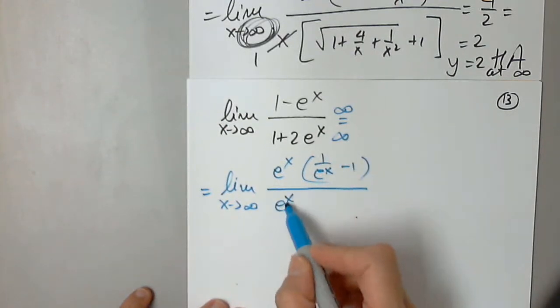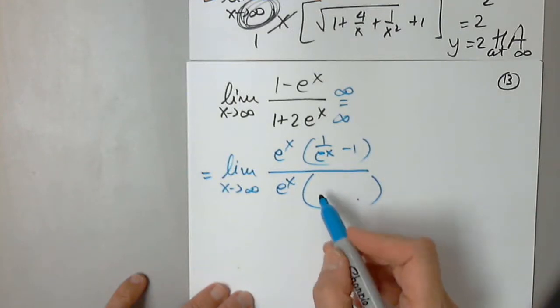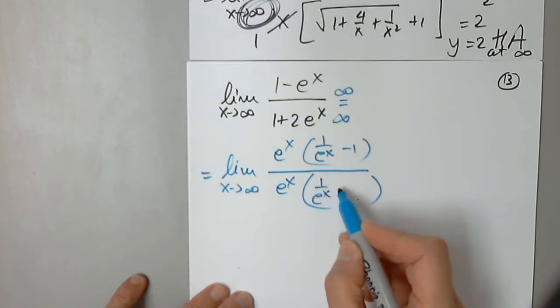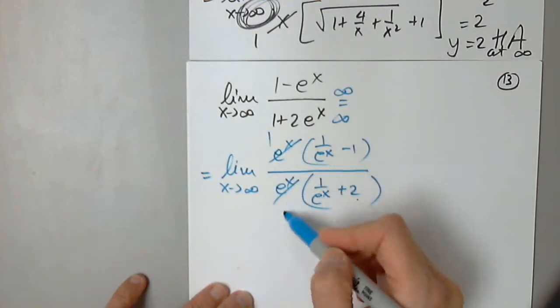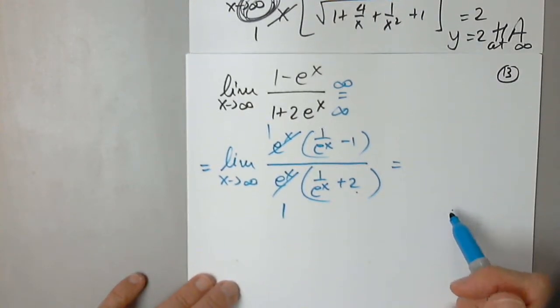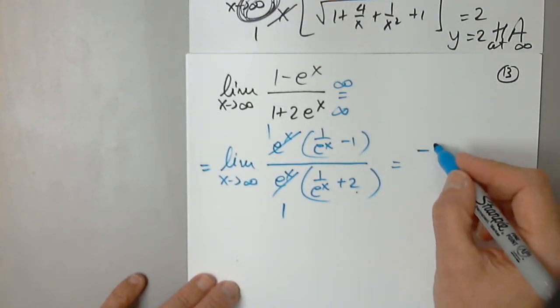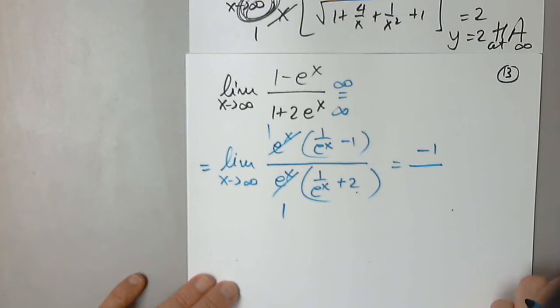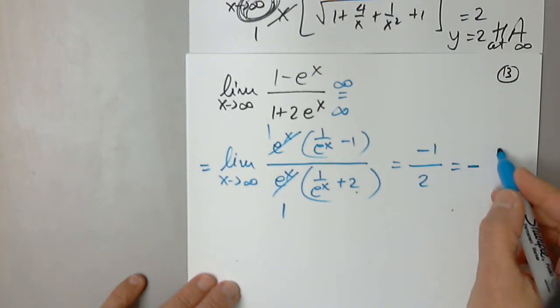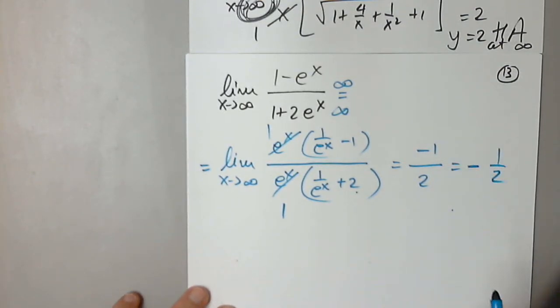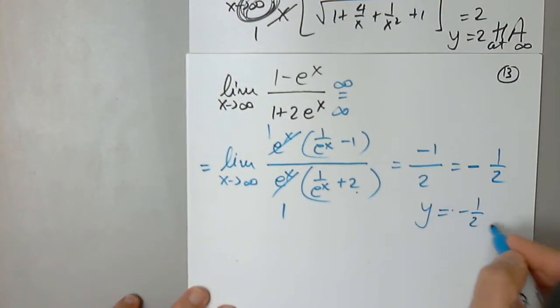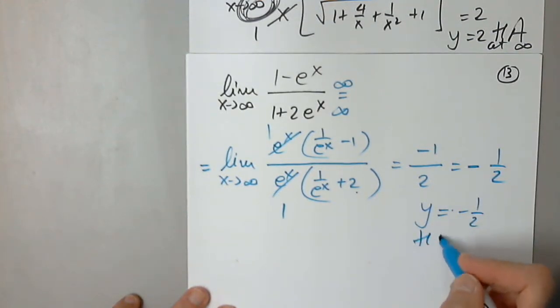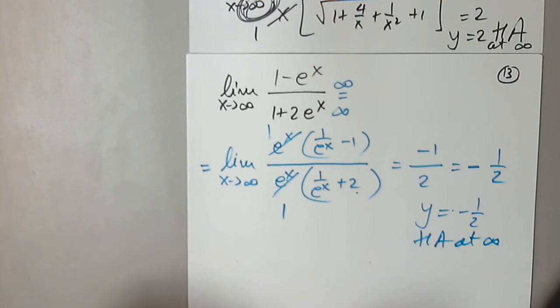Good. Where does the top go? Where does the denominator go? So this is negative 1 over 2. y equals negative 1/2 is the horizontal asymptote at infinity.